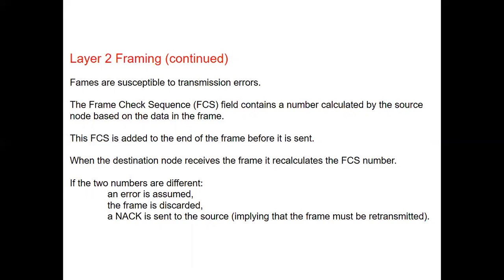If the two numbers are different, an error is assumed. The frame is discarded if an error is assumed. Then a NAK is sent to the source, implying that the frame must be retransmitted. NAK means not acknowledged, ACK is acknowledgement.